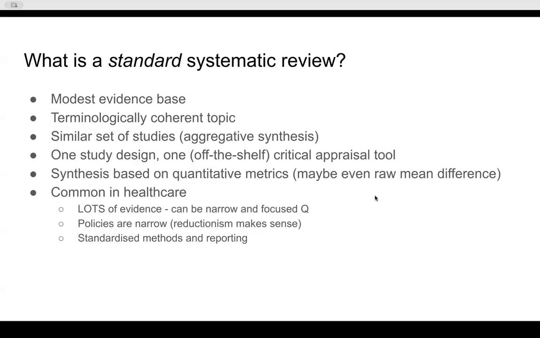Also in healthcare, generally there are standards that mean the type of methods used and the reporting of those methods in primary studies are pretty standardized. So not only are the studies all looking at the same thing, they're all reported in a pretty similar way.